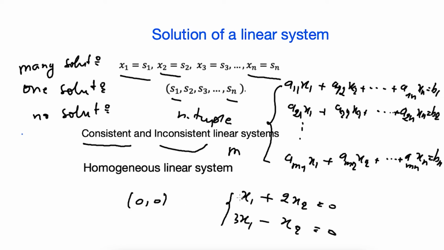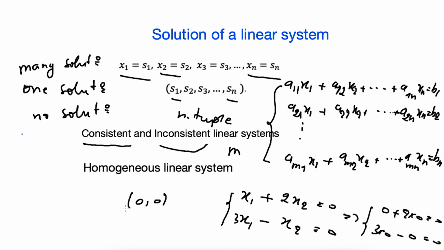For example, when we put 0 here, this will be 0 plus 2 times 0 equals 0, and 3 times 0 minus 0 equals 0. So this is verified. That means that the tuple (0, 0) is a solution for this homogeneous linear system.